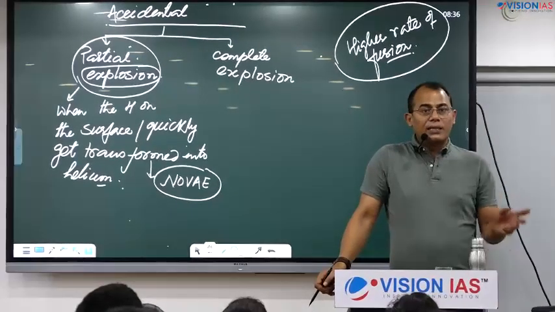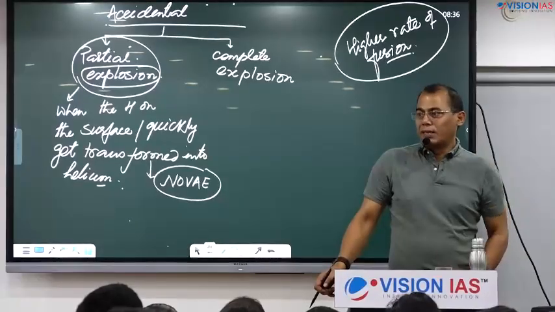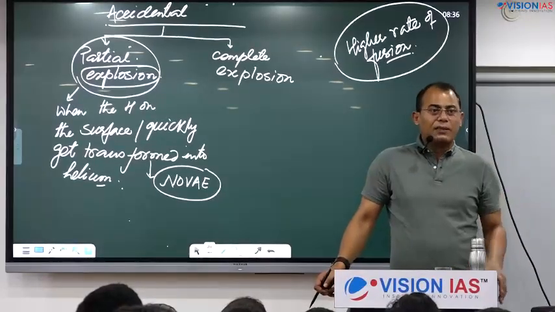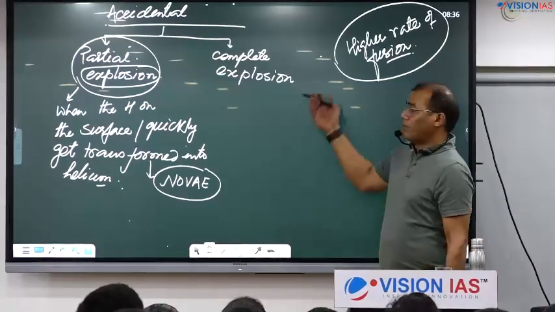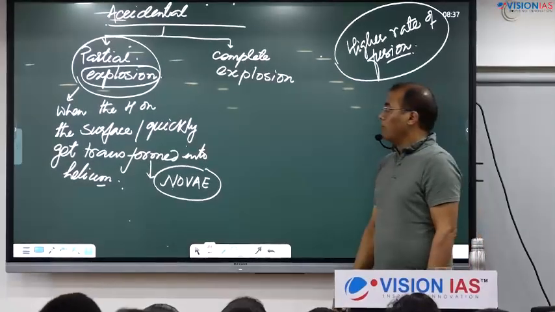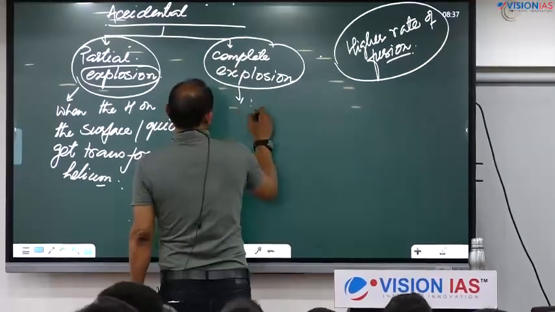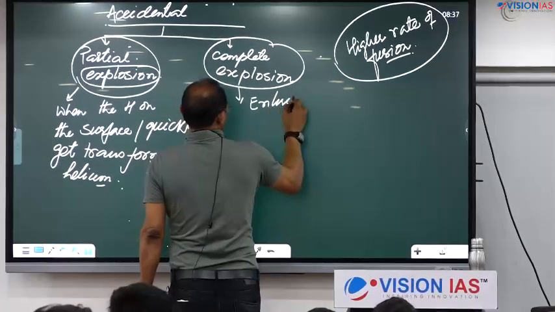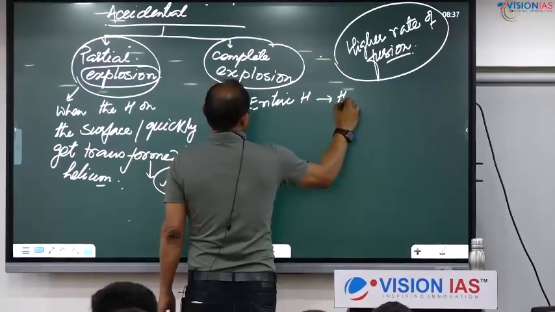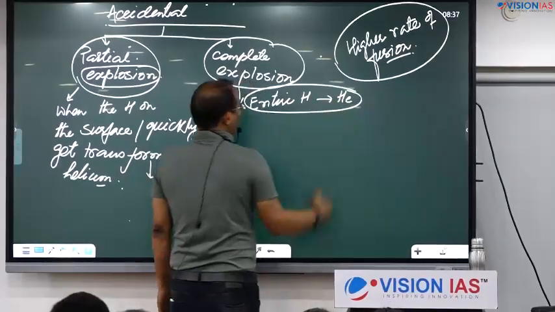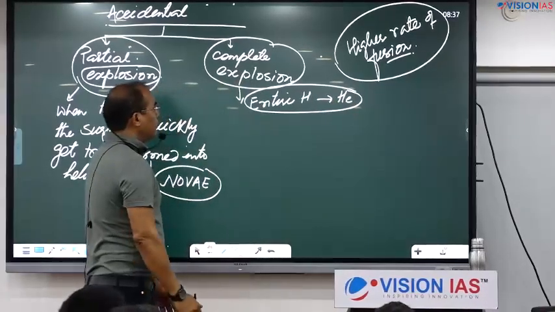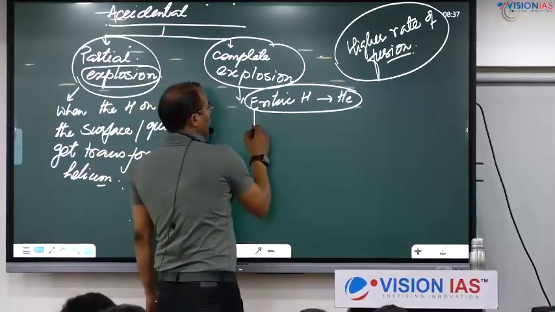When we say quickly, it doesn't mean 1 day or 1 second or 2 seconds. It may take years, earthly years. But that is much quicker than normal. That's called nova. When there is complete explosion, meaning entire hydrogen converting into helium much quicker than normal, that's called supernova.